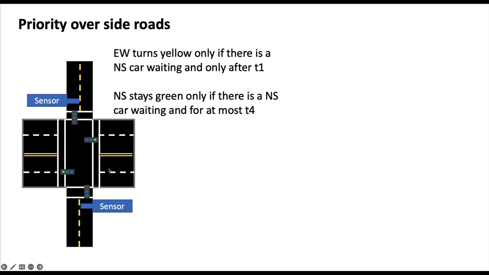So we're not going to immediately trigger the light for north-south. We're going to let east-west go for at least T1. And even if there's a lot of traffic on the north-south, they're still out of luck. They only get the green light for a maximum of T4.